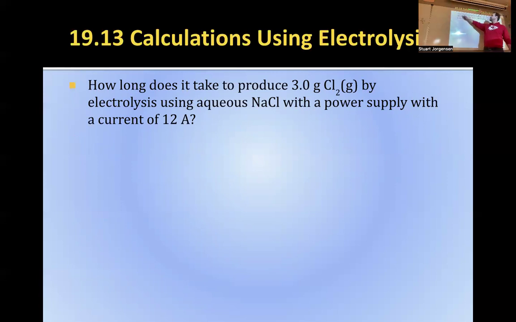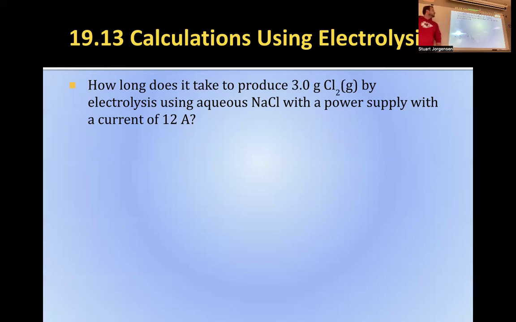I equals Q over T. We said amps equals coulombs per second. So eventually we have to get here, but think of that as a separate problem.